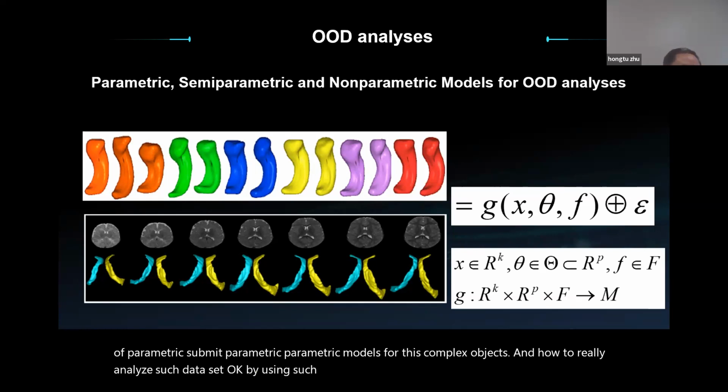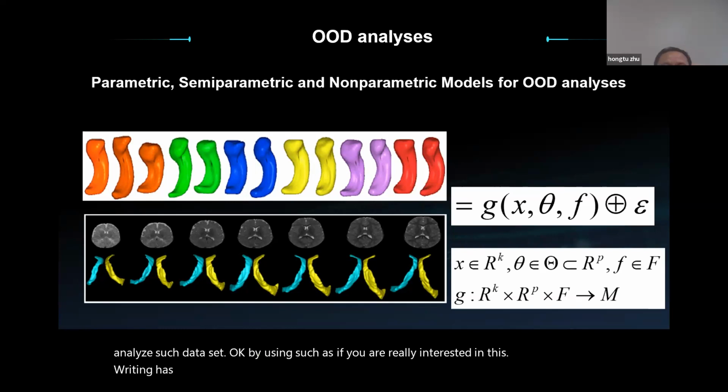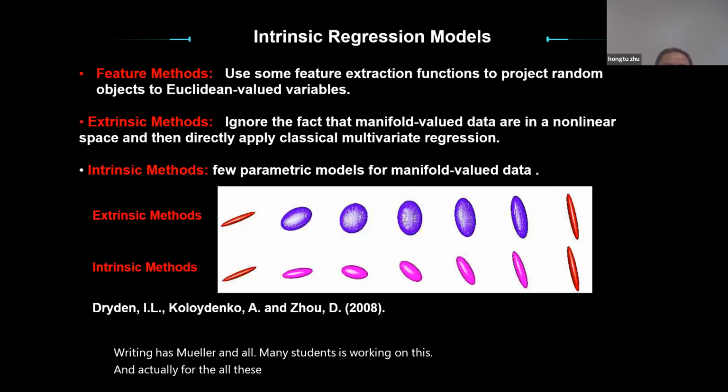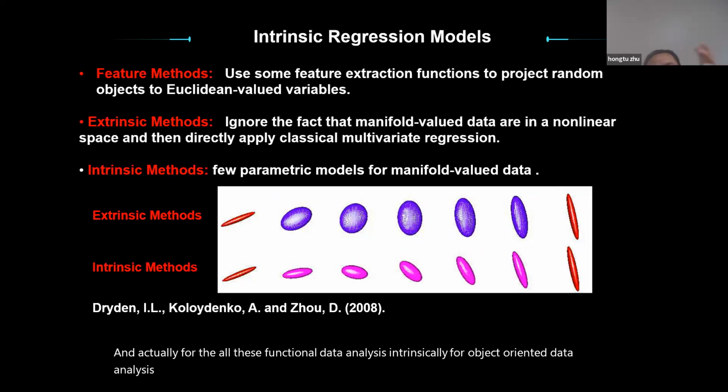If you are really interested in this, I think Hans Mueller and many of his students are working on it. And for functional data analysis, and intrinsically for object-oriented data analysis, you could use the intrinsic method.